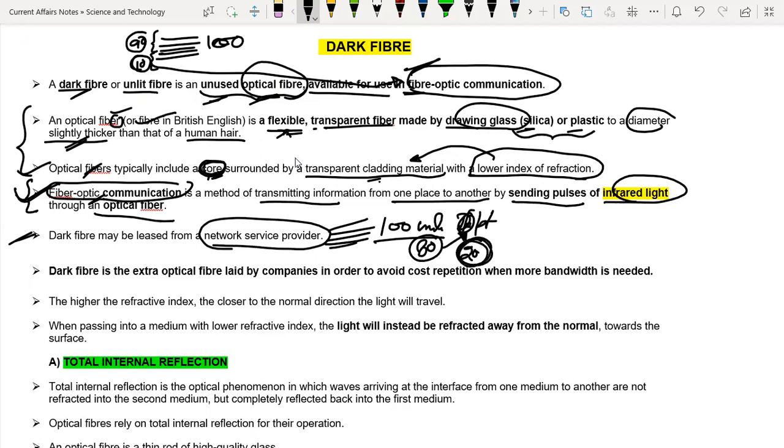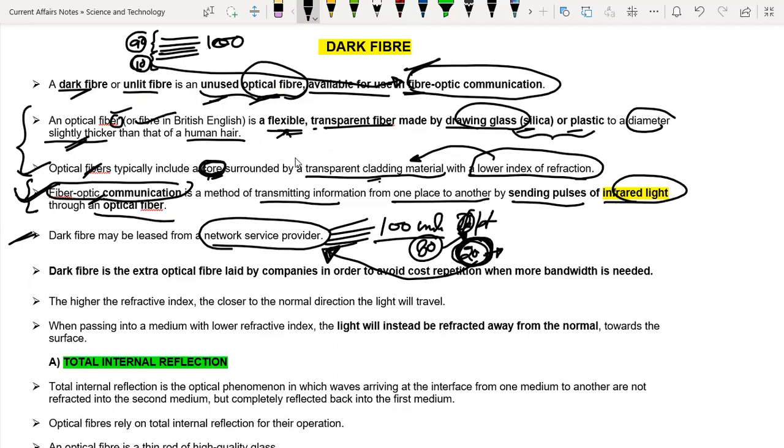That organization has not used them. So this is called dark fiber, and anyone can lease it from that network service provider, because initially the company laid more optical fiber so that in future if cost increases, they do not take the burden of that issue.